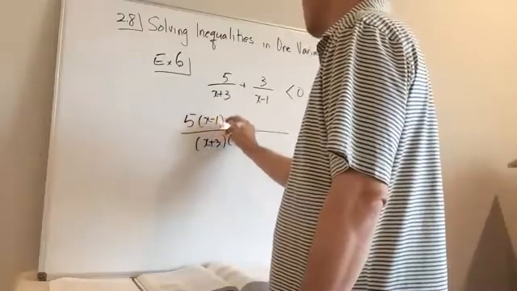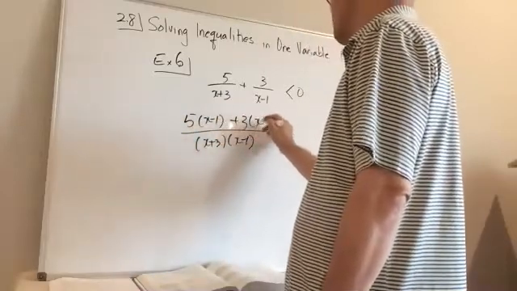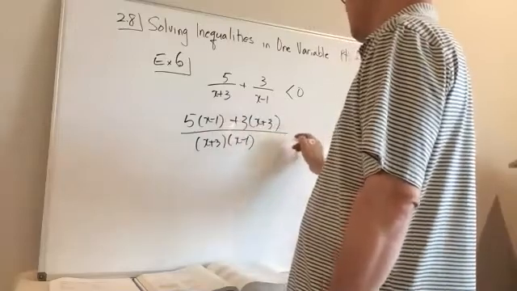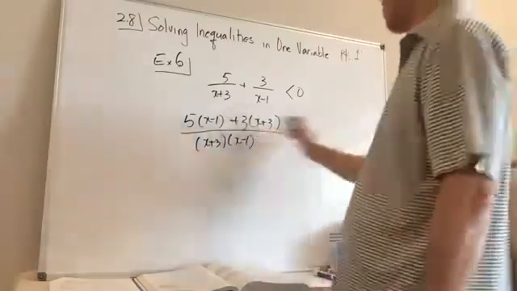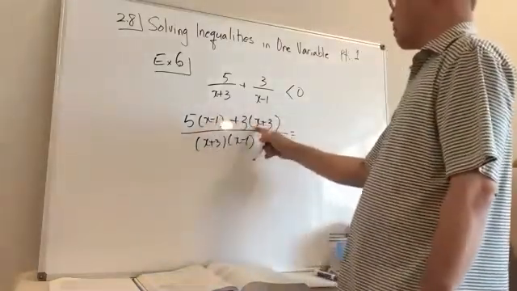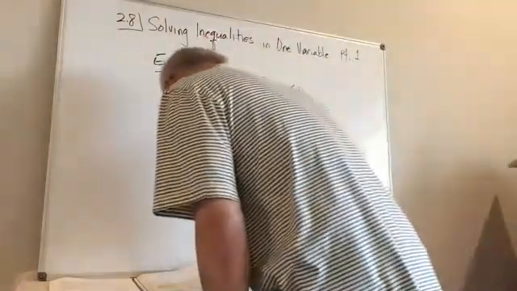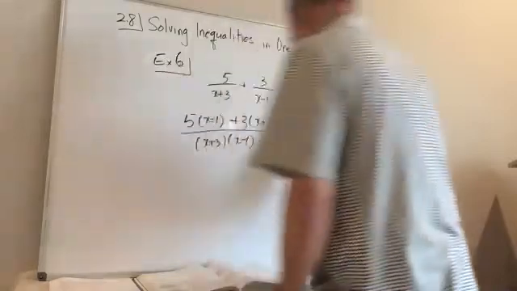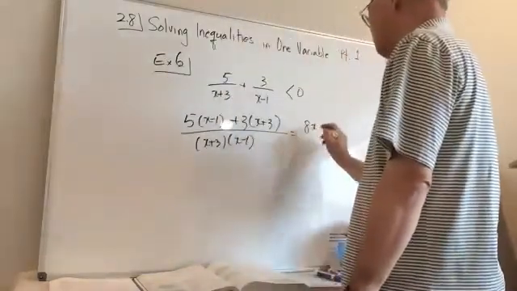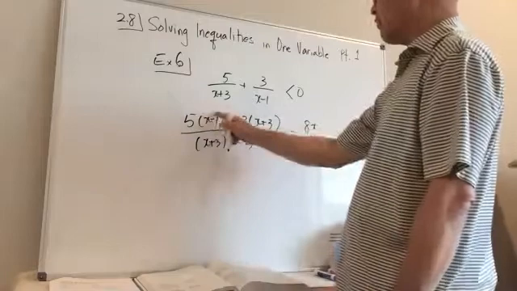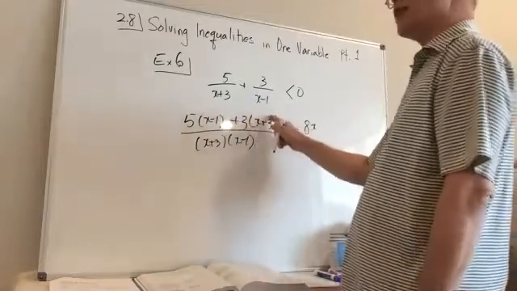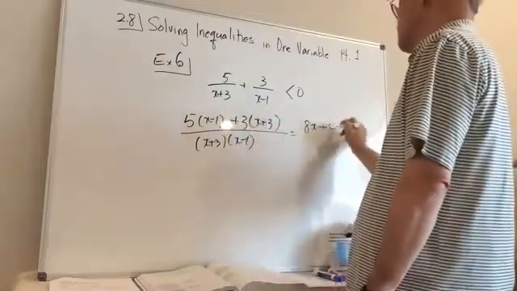I get 5 times (x minus 1) plus 3 times (x plus 3). This is the same as 5x plus 3x, which is 8x. I have -5 plus 9, so it's going to be plus 4.